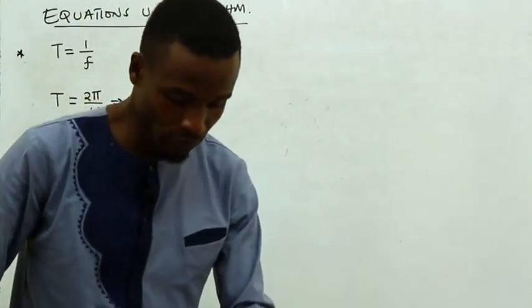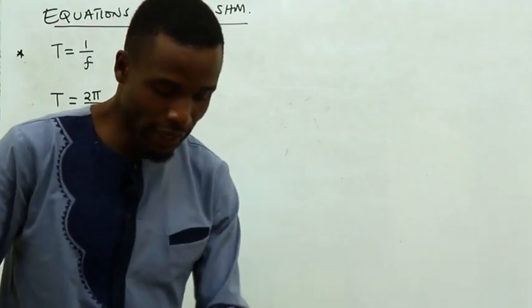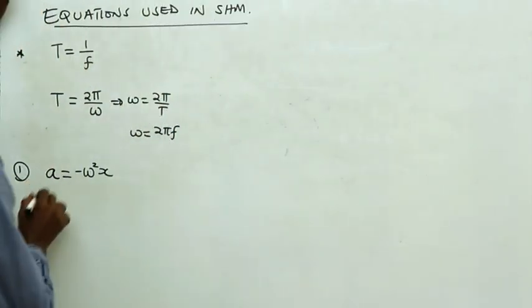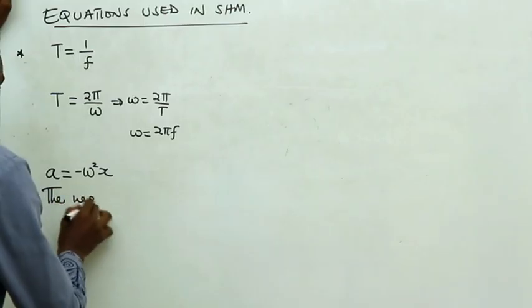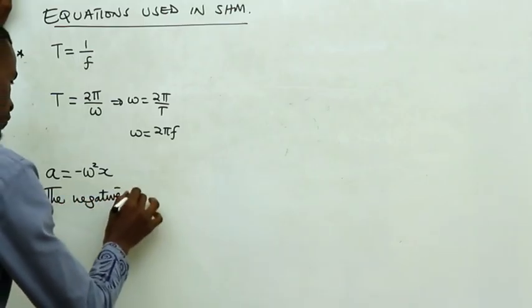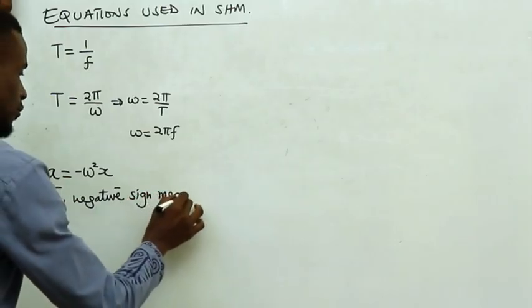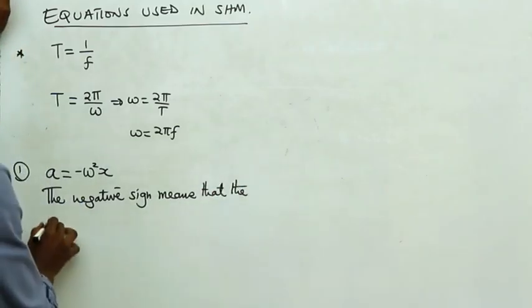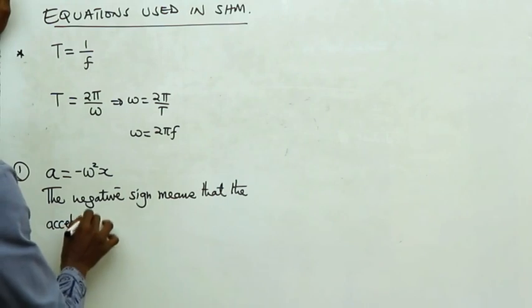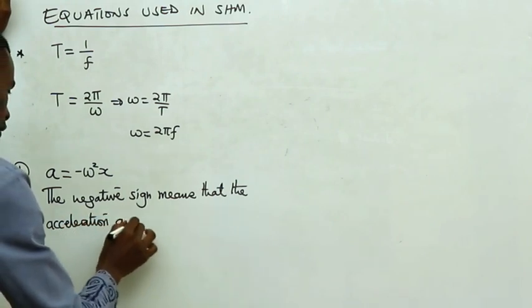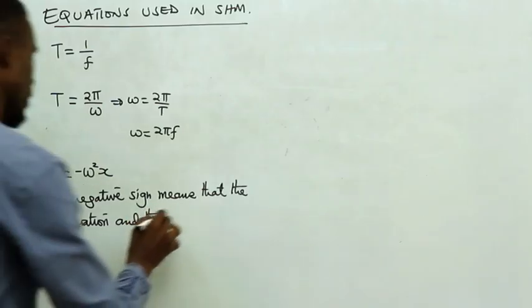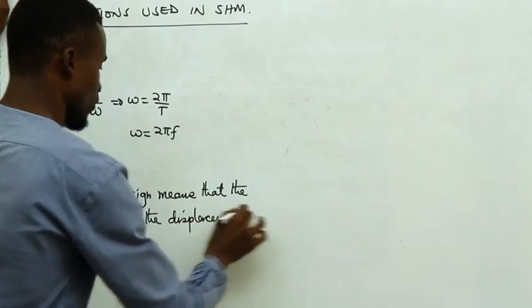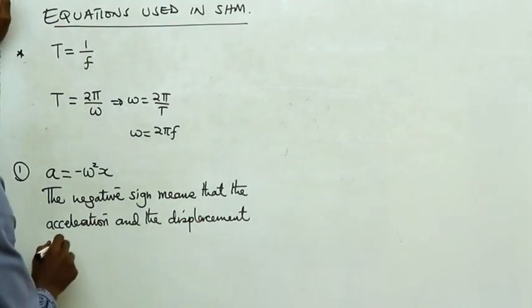So for simple harmonic motion, the negative sign means that the acceleration and the displacement are in opposite directions.